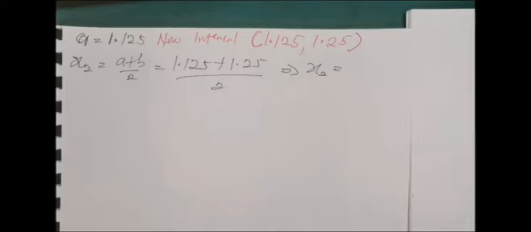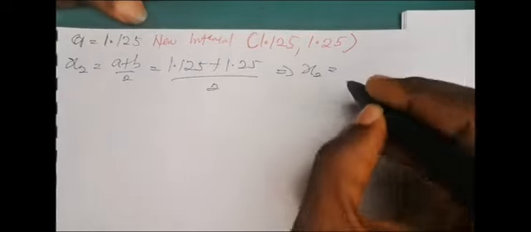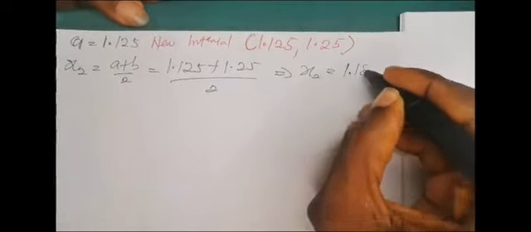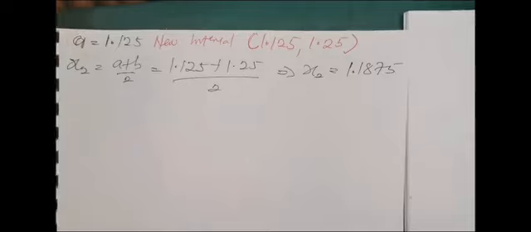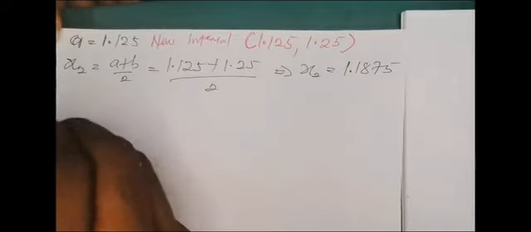That gives us 1.1875 for S2. Alright, so with this now we can carry out the third iteration.